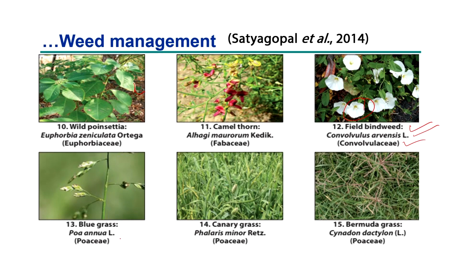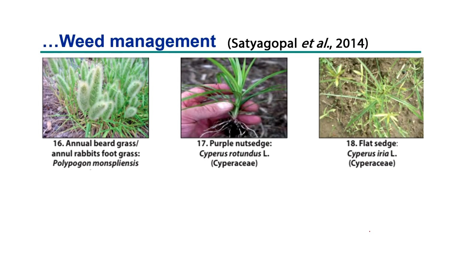Then you see bluegrass, which is Poa annua, canary grass Phalaris minor, Bermuda grass Cynodon dactylon. Annual beard grass, annual rabbit's foot grass, Polypogon monspeliensis, this one. And then Cyperus rotundus, belonging to family Cyperaceae, and flat sedge, which is Cyperus aurea, belonging to family Cyperaceae.